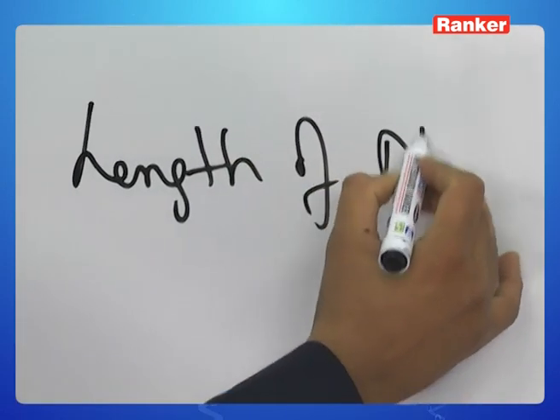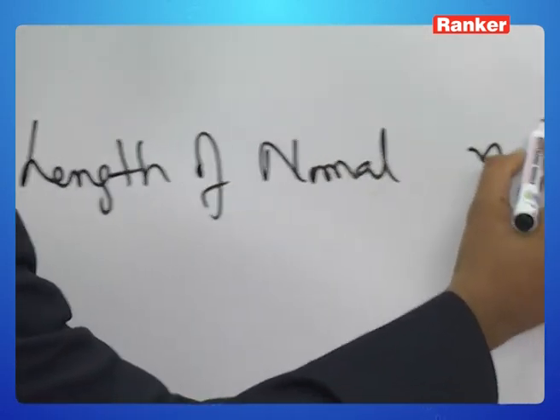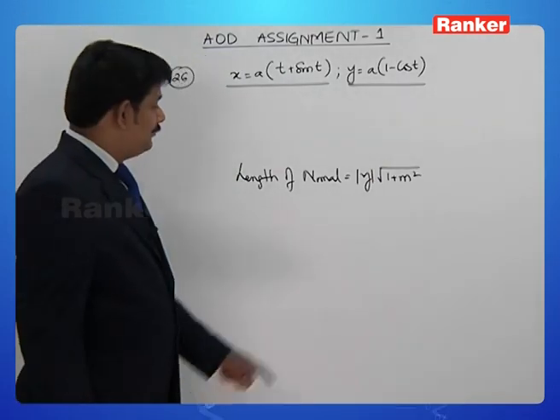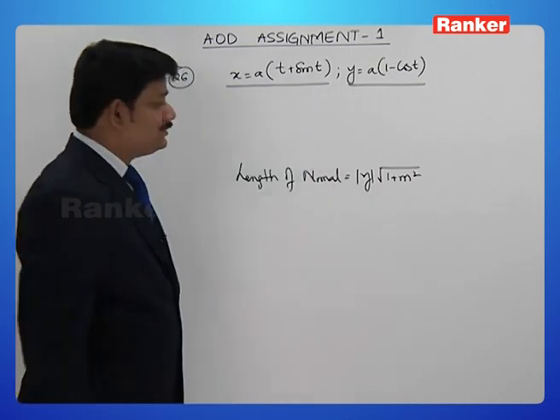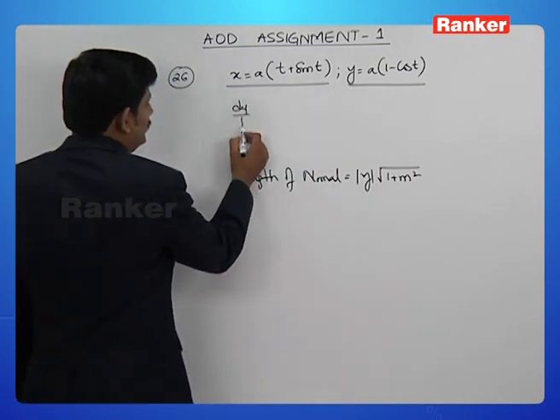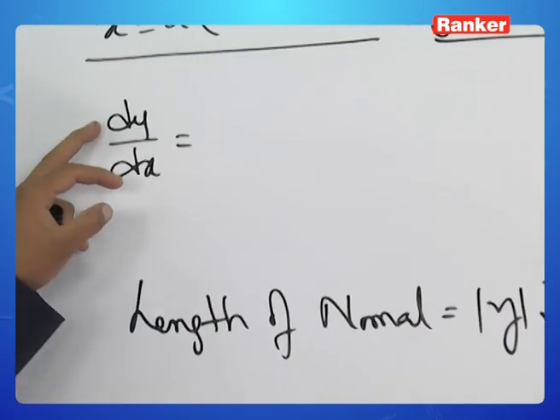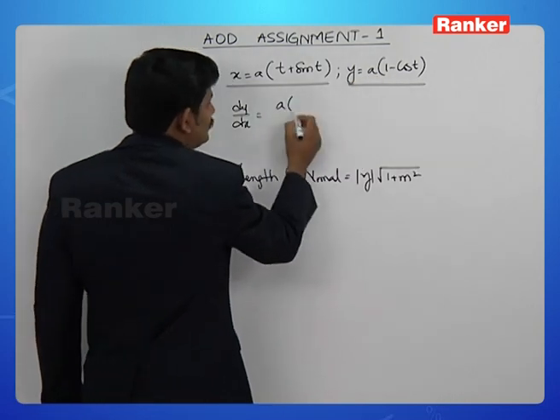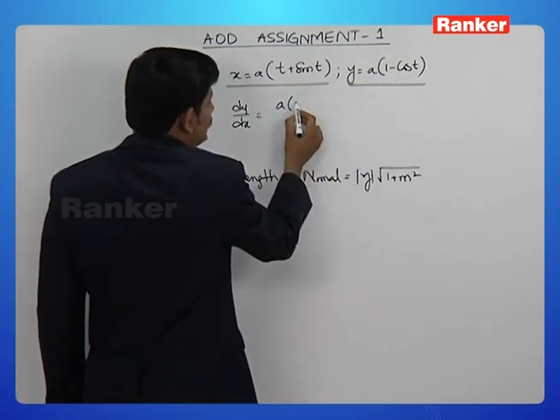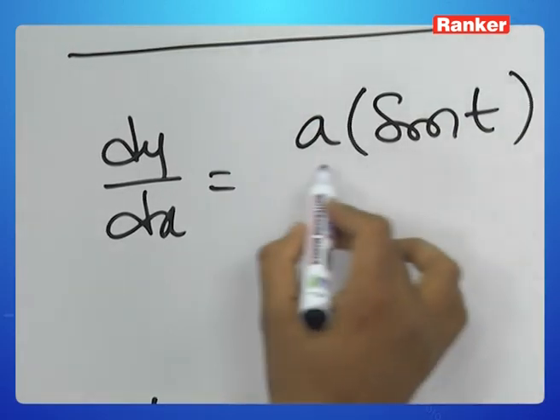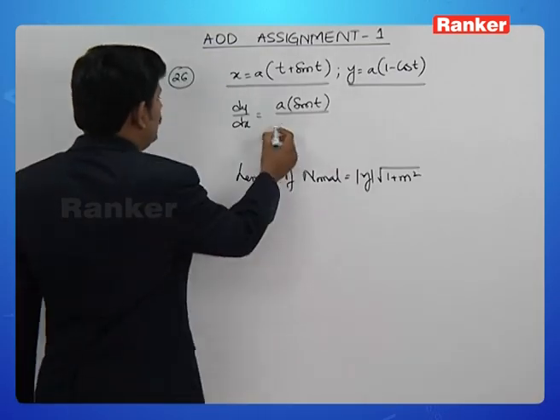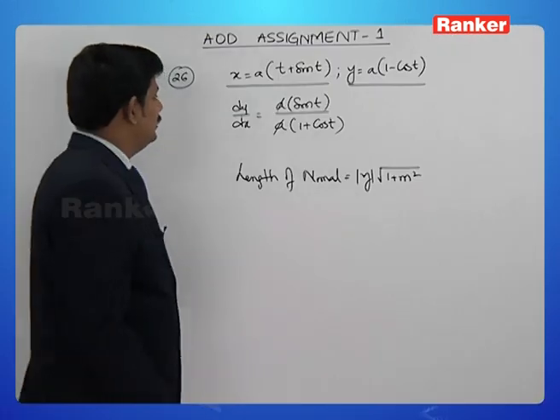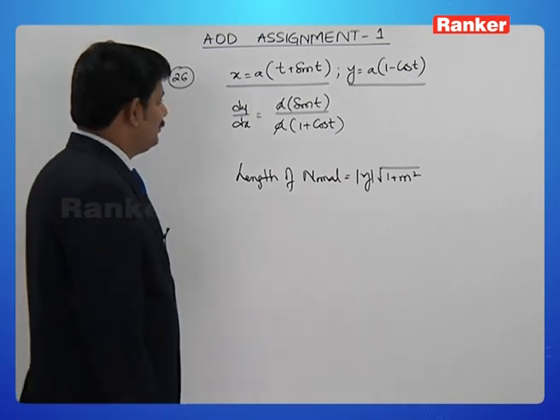Length of the normal, we all know, is y times root over 1 plus m², where y is the y coordinate of the point and m is dy/dx. So dy/dx is (dy/dt) divided by (dx/dt). Differentiating, dy/dt is a times (derivative of 1 is 0, minus cos t, derivative is sin t), divided by a times (1 plus cos t). a gets cancelled, and dy/dx is sin t by 1 plus cos t.